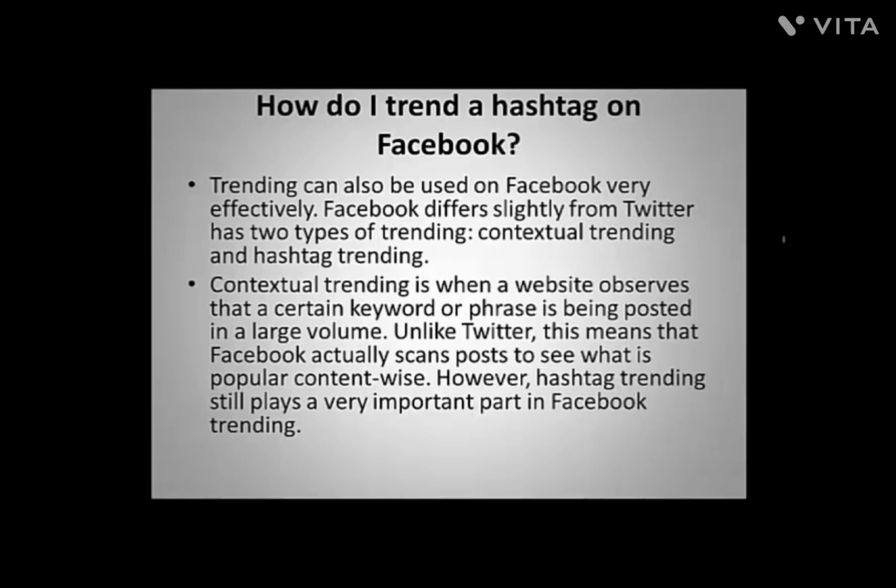That's an example of Facebook's contextual trending, because so many people included Joan Rivers in their statuses that it picked up as a trend. So you definitely want to pay attention to your keywords in Facebook when you're doing your split tests and when you're building up your trending, because Facebook is going to pay a lot more attention to that than Twitter is.